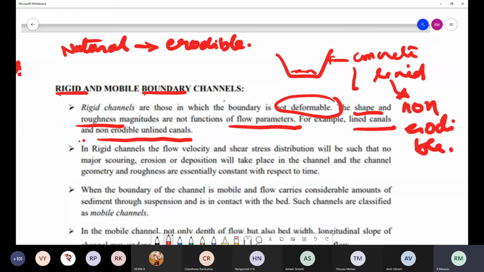So the major points: rigid channels are not deformable, and the shape as well as roughness are not functions of flow parameters.